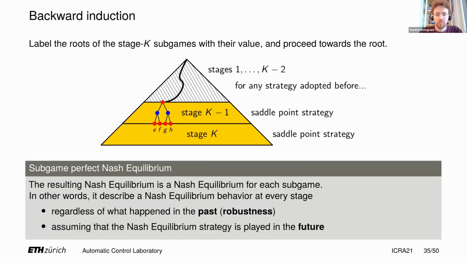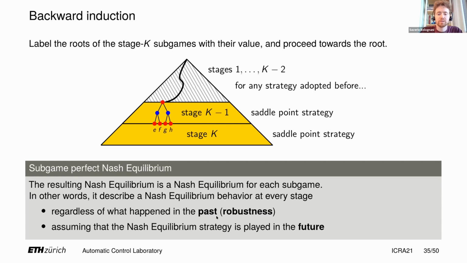So this gives you, when you complete it to the root, a subgame perfect Nash equilibrium. A subgame perfect Nash equilibrium is exactly the kind of solution that we've just constructed. It's a Nash equilibrium behavior at every stage, regardless of what happened in the past, because I'm solving each of them separately, and assuming that a Nash equilibrium strategy is going to be played in the future, because we have replaced the leaves of each subgame with the value of the subgame rooted in that leaf.